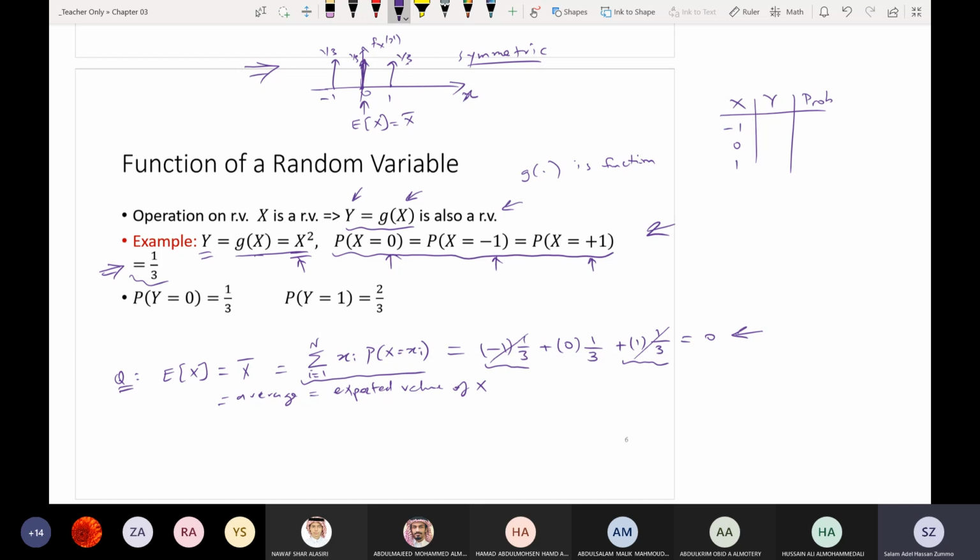When x equals -1, what is y? 1. It's x squared. When 0, what is y? 0. And when 1, what is y? 1.